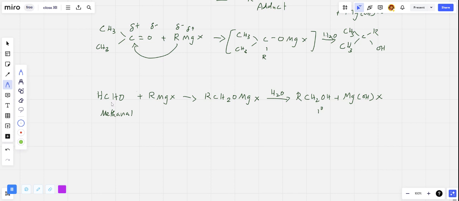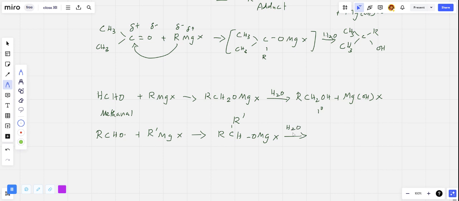If you are using methanal with the Grignard reagent, you will get a primary alcohol. Instead, if you are using this one with R dash, MgX, we will get R CH R dash OMgX, on hydrolysis.